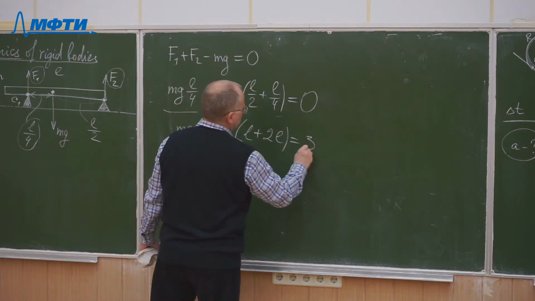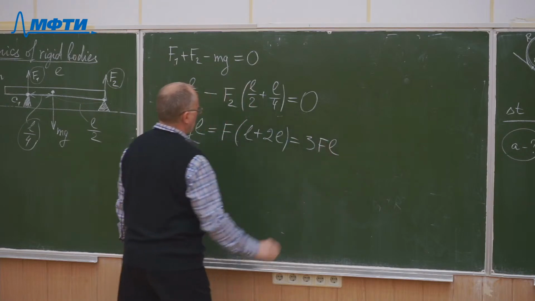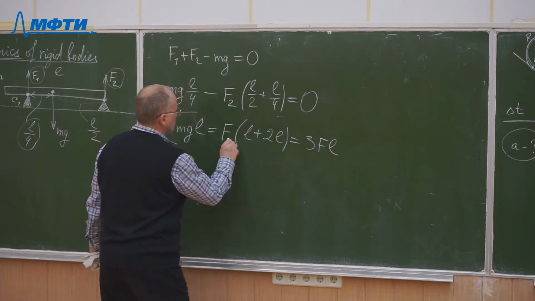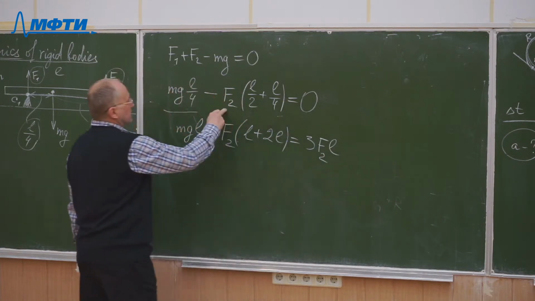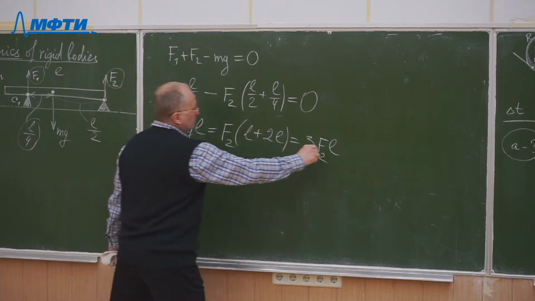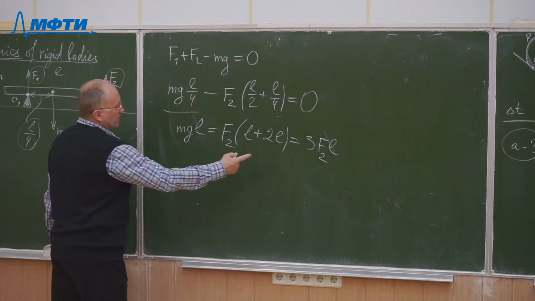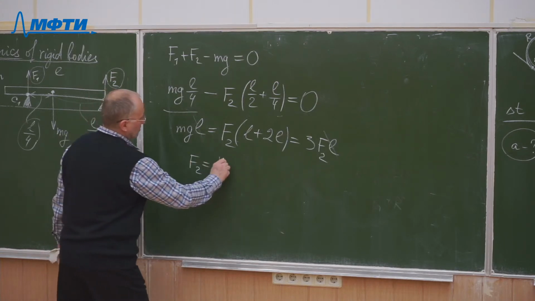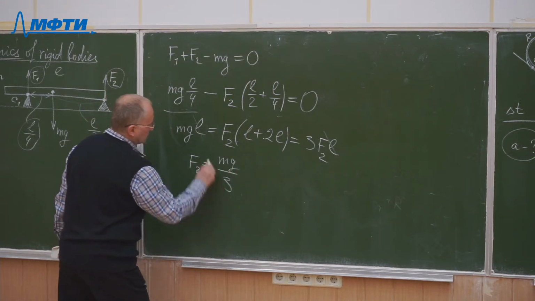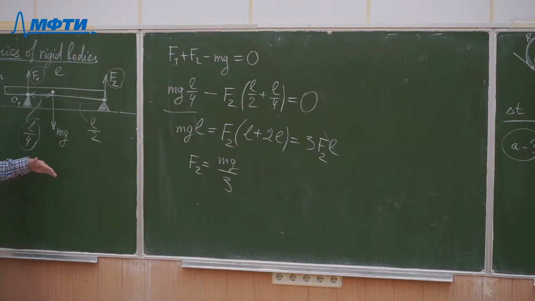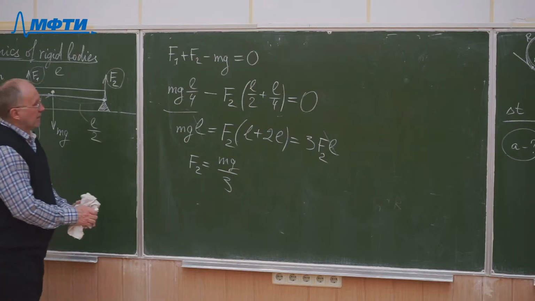So that will be 3F2L. So L is cancelled from this equation, and what I immediately obtain, F2 will equal mg/3. The force of reaction here turns out to be just 1/3 of the weight of the bar.